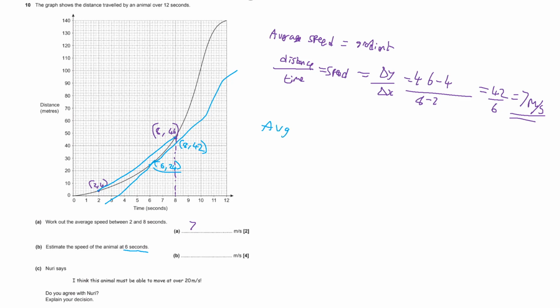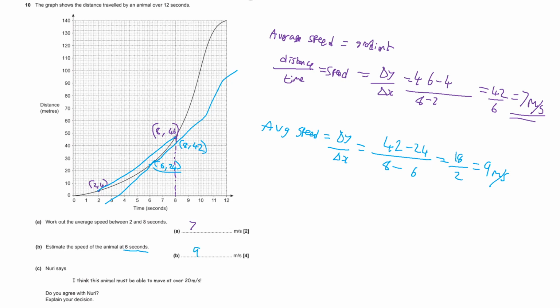So the speed is going to be the change in y over change in x, which is just going to be 42 minus 24 over 8 minus 6, which is the same as 18 over 2, which is equal to 9 meters per second.